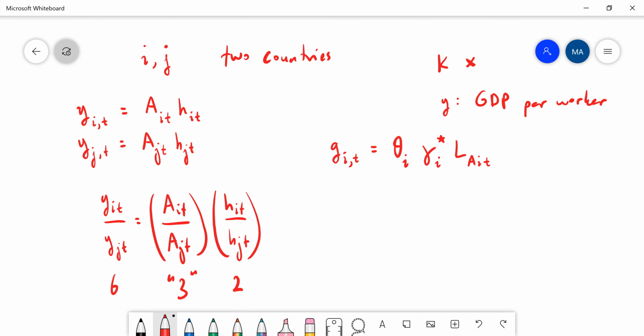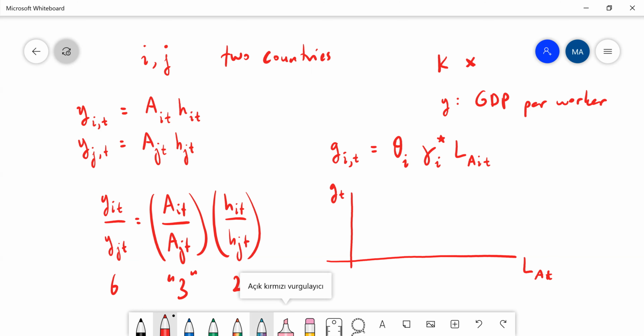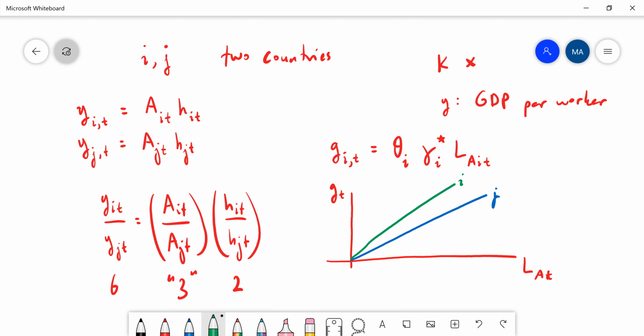So if you want to draw the growth rates, how do you do that? Well, you can draw it as a function of L_AT. Suppose that this is growth rate as a function of L_AT, and of course it is a linear function, right? So in one country, let's say I, you are here, or let's say this is J, you are here. In another country, I, you are here.